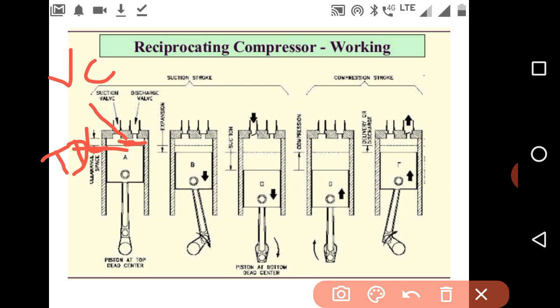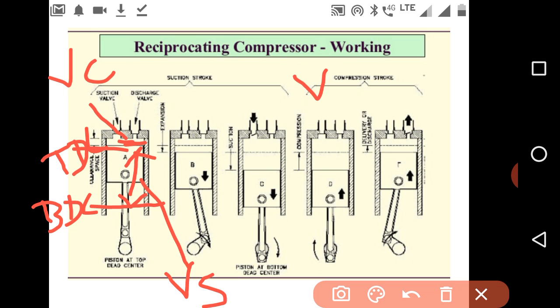And if you say this is the bottom dead center, the volume in between top dead center and bottom dead center will give you the swept volume, and the total cylinder volume will be equal to Vs plus Vc. So just now we have discussed the clearance volume.